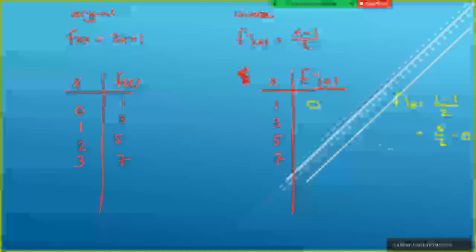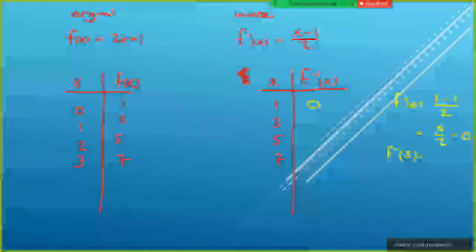Cool. Let's try plugging in 3. We should get a 1. I'm looking at my left table to see what that should give me. So I'm plugging in 3, and I'm hoping that it gives us a 1. 3 minus 1 over 2. 3 minus 1 is 2. 2 divided by 2 is 1. Cool.